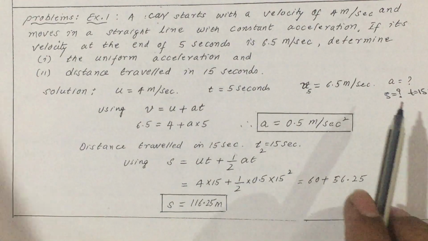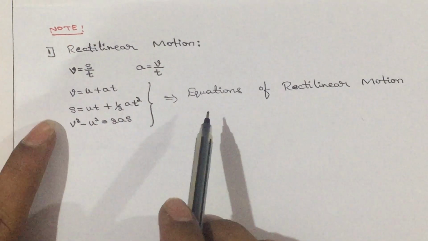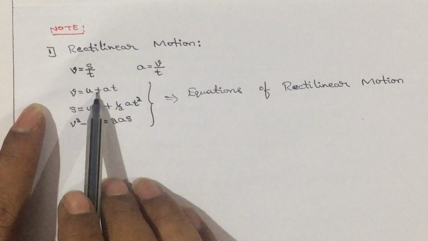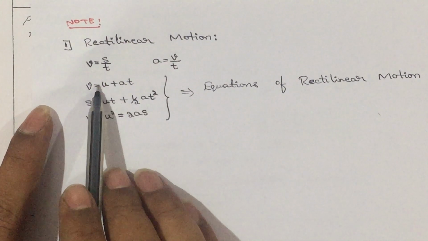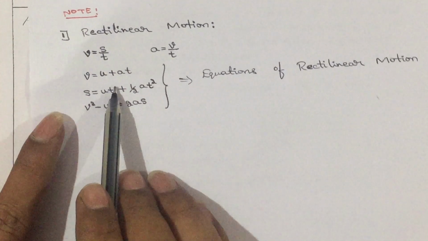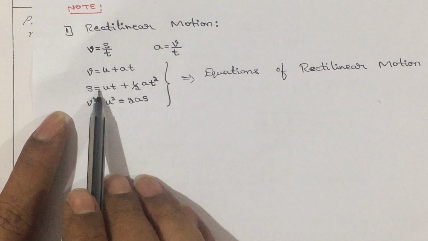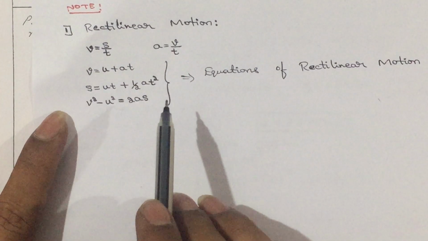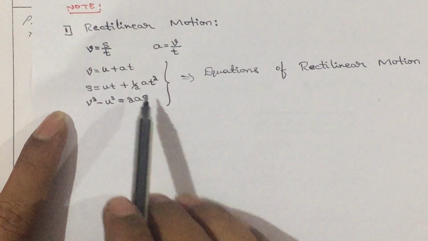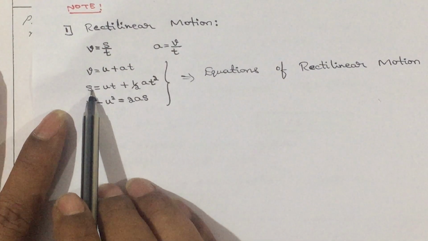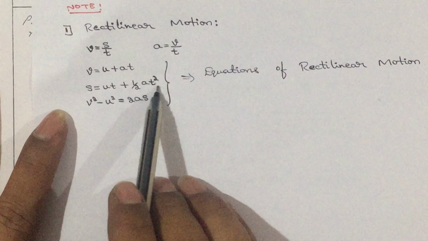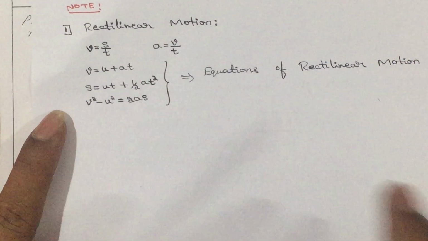Then what we need? We need the distance at the time of 15 seconds. In the first equation, distance is not there. So, we will go with the second equation or the third equation. But if you go to the second equation, here all the things are known except the distance.